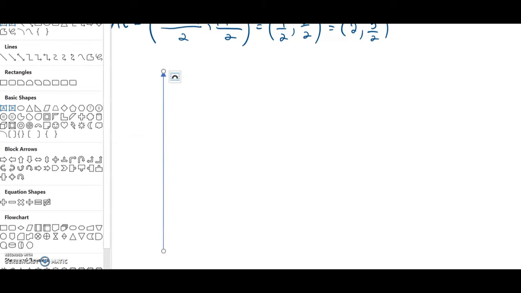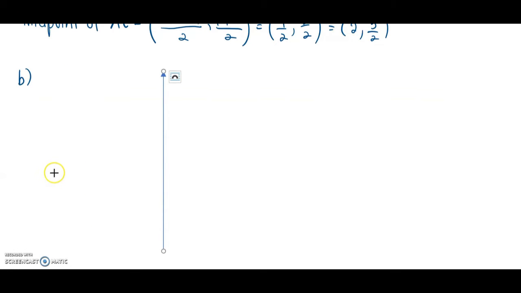I would draw a Cartesian plane, and then this is X, this is Y.